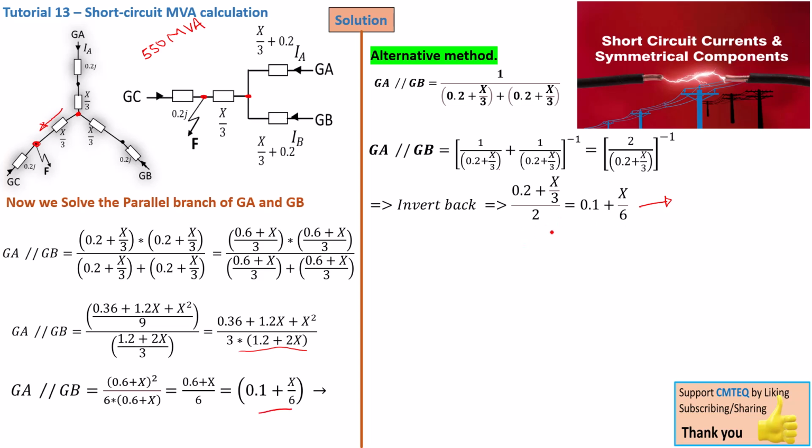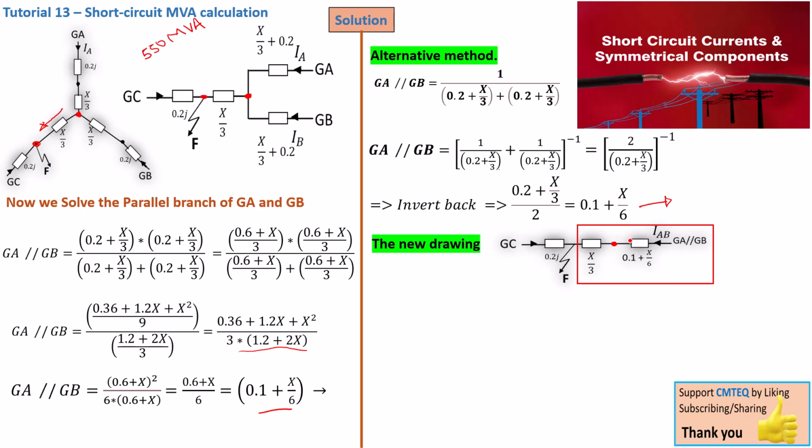Great. Now from here, we can draw our new drawing with a reduced parallel branch of GA and GB that are now reduced to 0.1 plus x over 6, and that will basically give us the following drawing. Now remember this point here, this was this point here, and this is still our star point. Now obviously this and this are in series, so you can just combine the two of them.